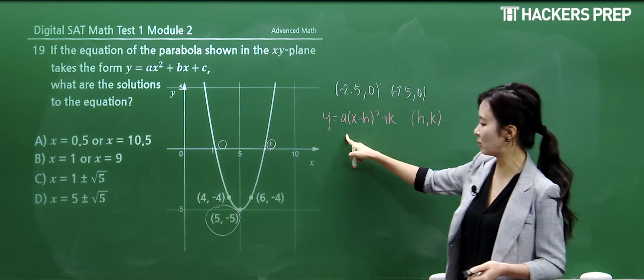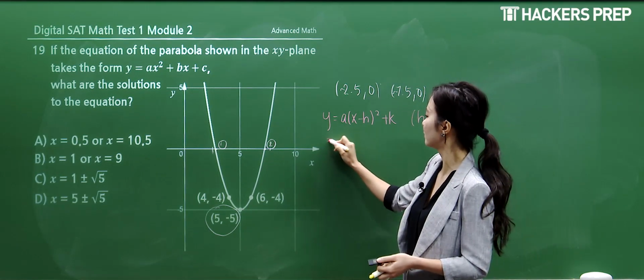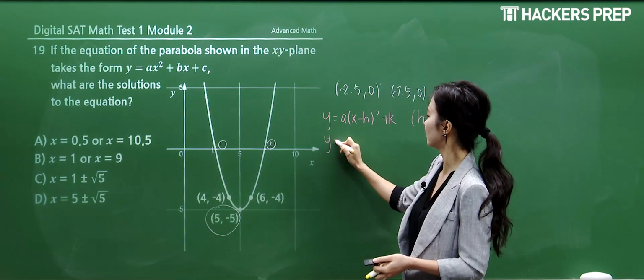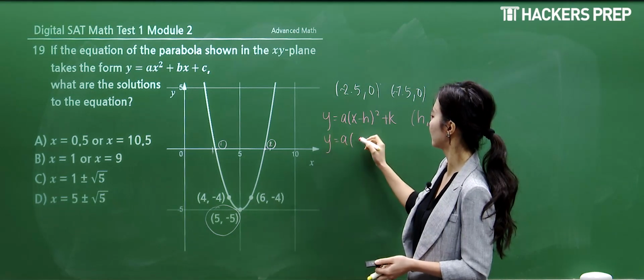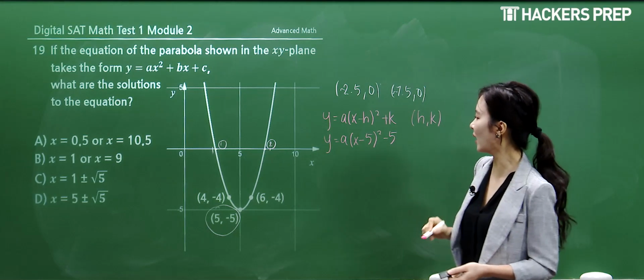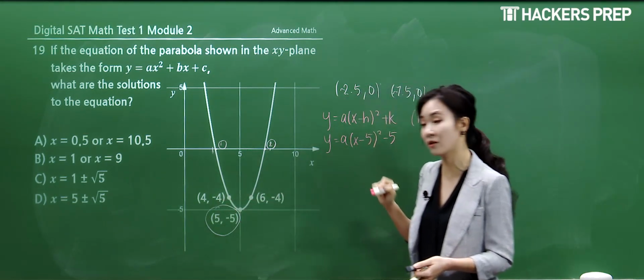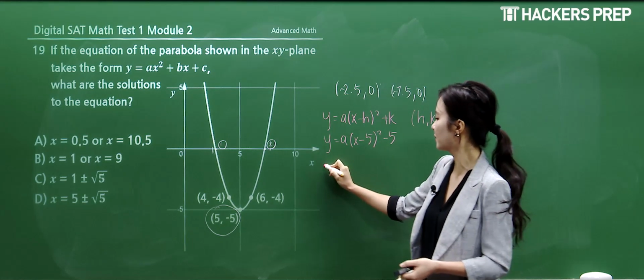So in this case, we can rewrite this as 5 for h and negative 5 for k, okay, and from this point onwards, we can substitute any of these other coordinates to solve for the value of a. So let's do that.